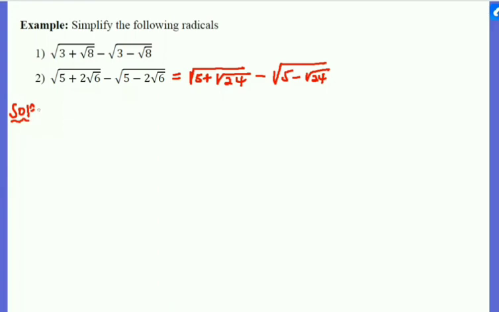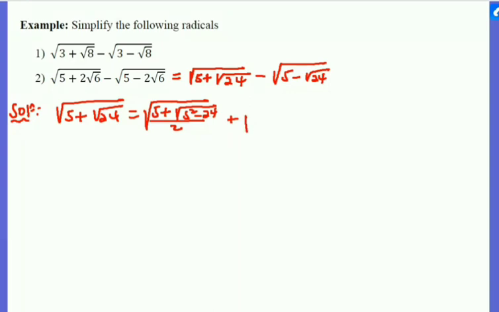First, I have to rewrite the radical 5 plus radical 24 in this manner: radical of 5 plus radical 5 square minus 24 over 2, and this 2 is inside the radical, plus radical of 5 minus radical 5 square minus 24 over 2.